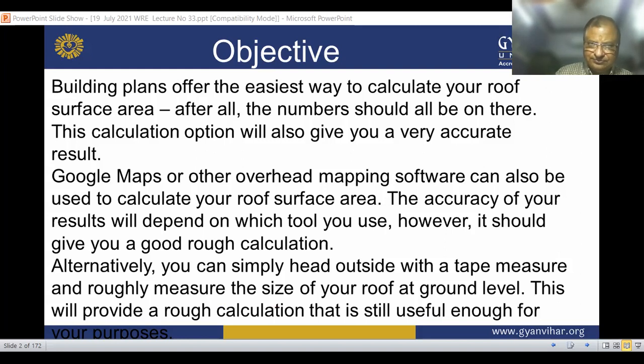Google Maps or other online mapping software can also be used to calculate your roof surface area. The accuracy of your result will depend upon which tool you use. However, it should give you a good rough calculation.